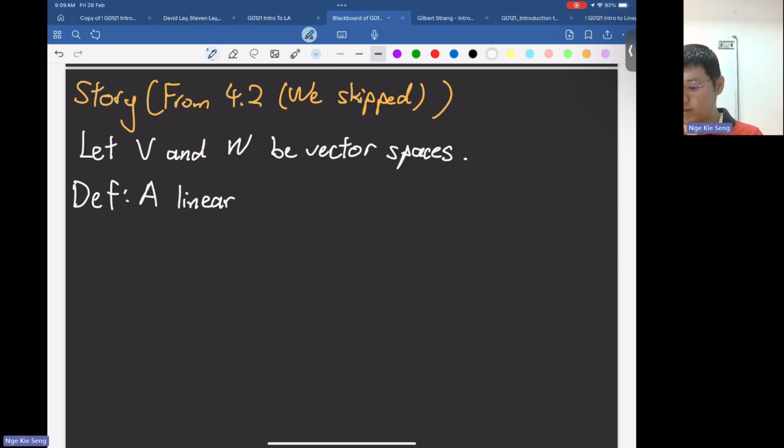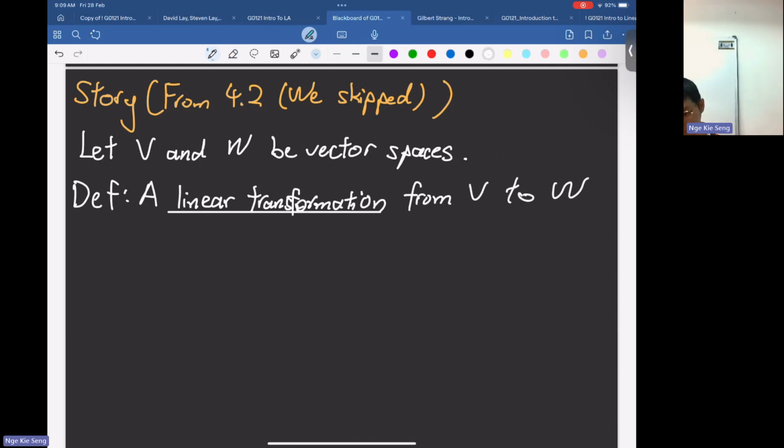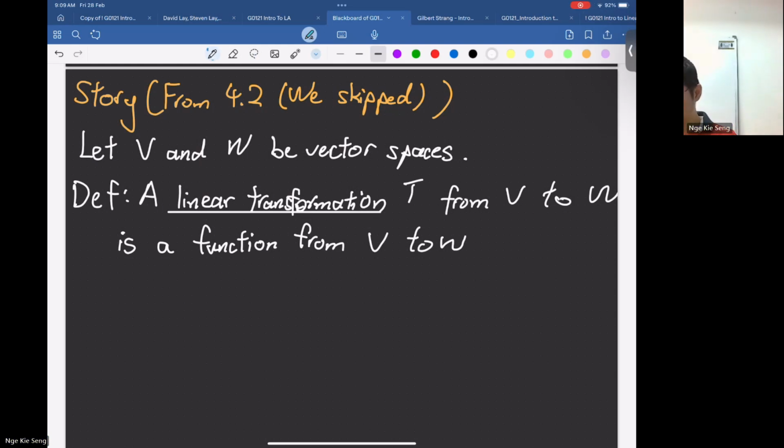So what's a linear transformation? A linear transformation from V to W, so that we know who is the domain and codomain, is simply a function from V to W. Let's call our linear transformation T. What's a function? A function is the thing where I feed you an input, you give me an output.